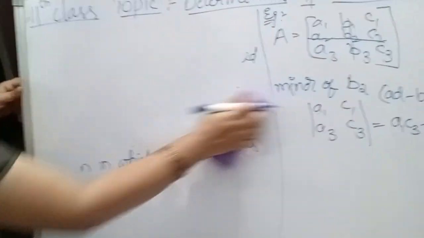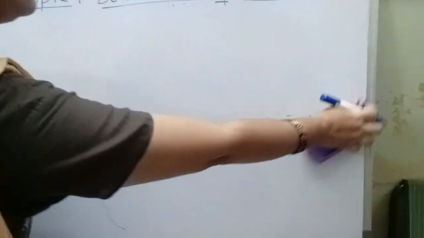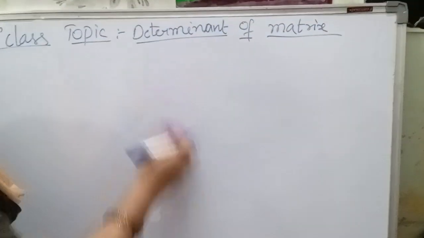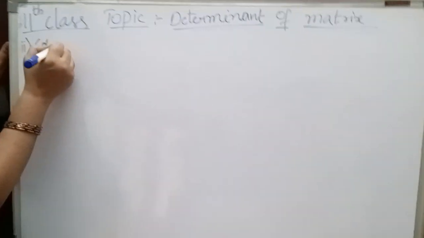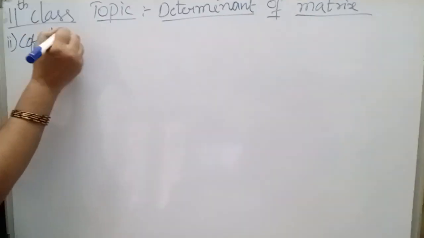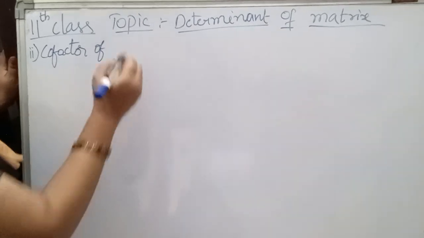After the minor, we have one more thing to understand before finding the determinant of a matrix: the cofactor of an element.